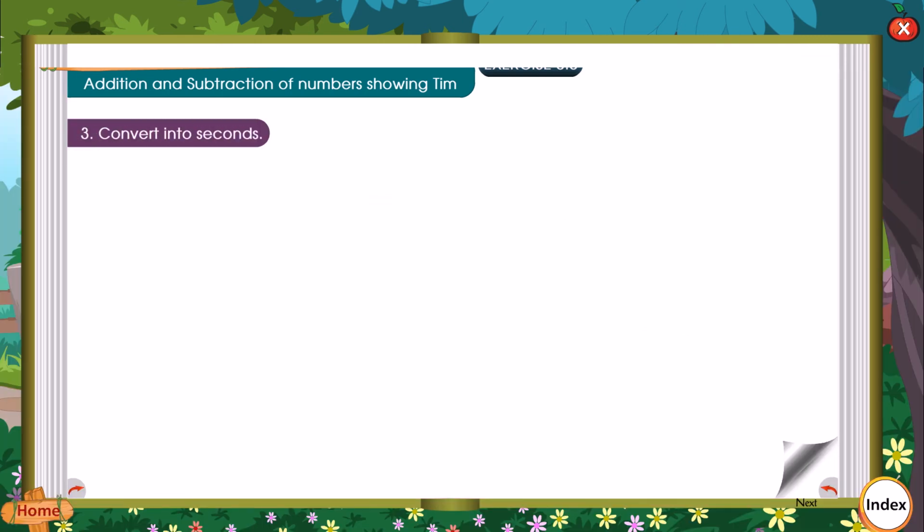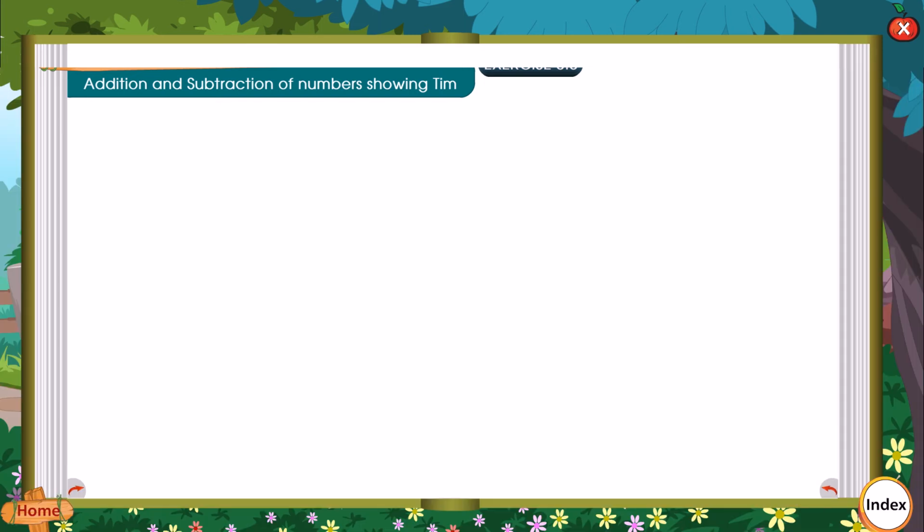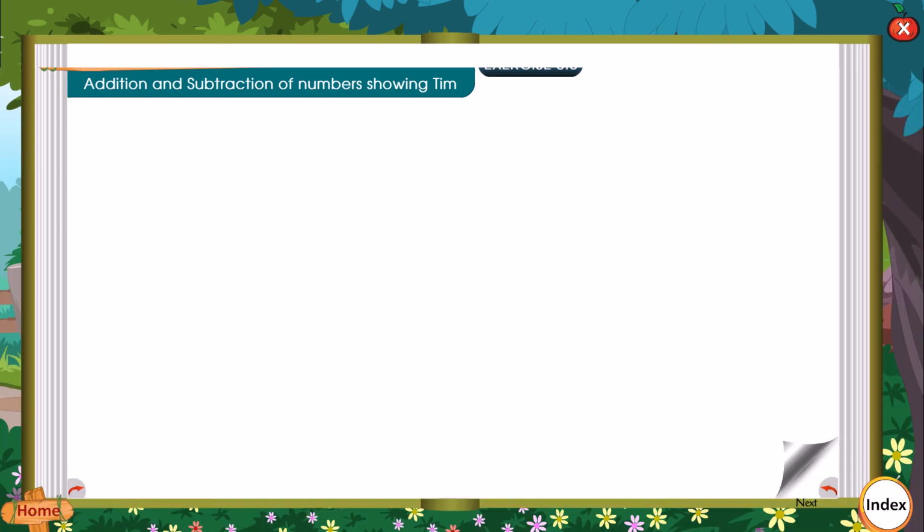Convert into seconds. 4. Convert into days and hours. 5.